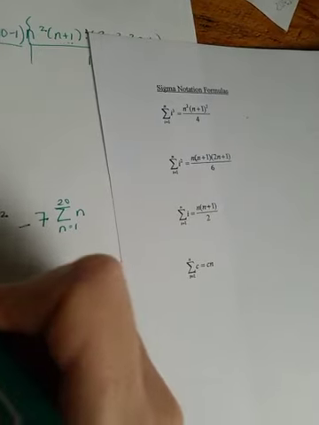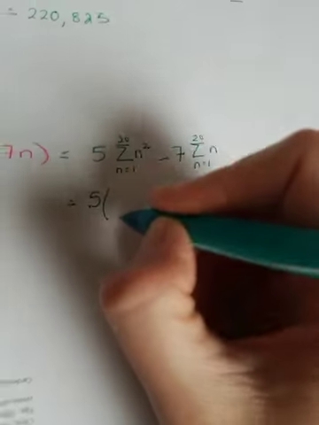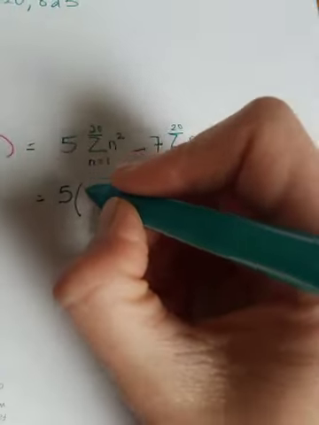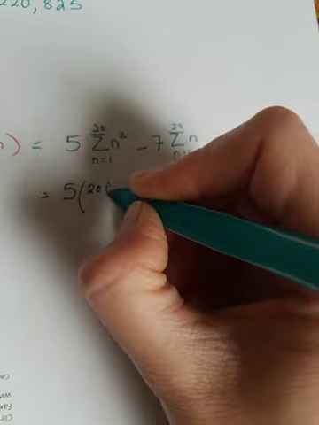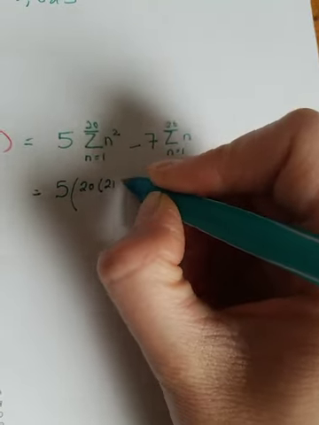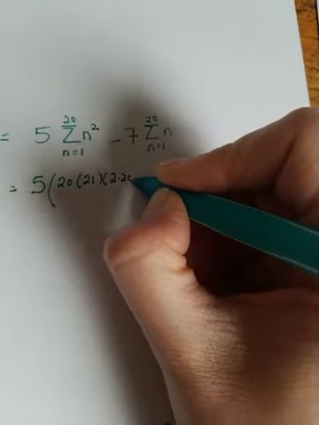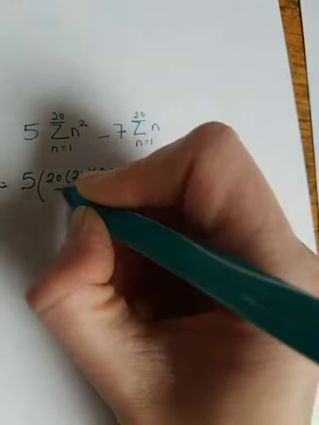So I'll have 5 times the quantity of all of this. So it's going to be 5 times, again, the equation says n, so n is 20, and then times n plus 1, so that's 20 plus 1, which is 21, times 2 times n, so 2 times 20, plus 1, and this equation is all divided by 6.